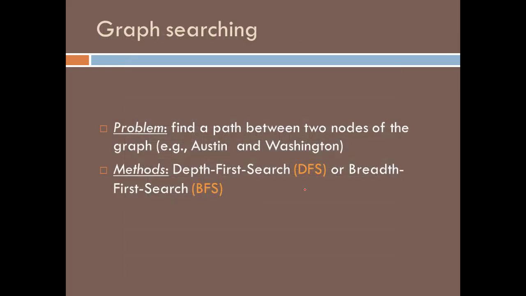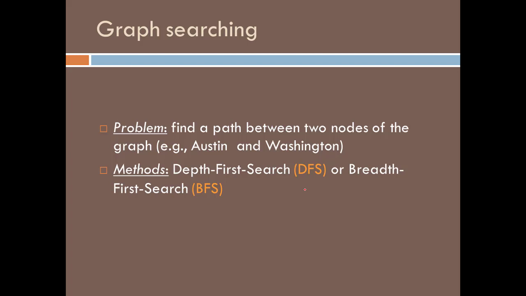Okay, then there are different searching techniques for the graph. For example, there is a problem where we want to find a path between two nodes of the graph, for example Austin and Washington. If we need to find a path, remember the definition of the path.